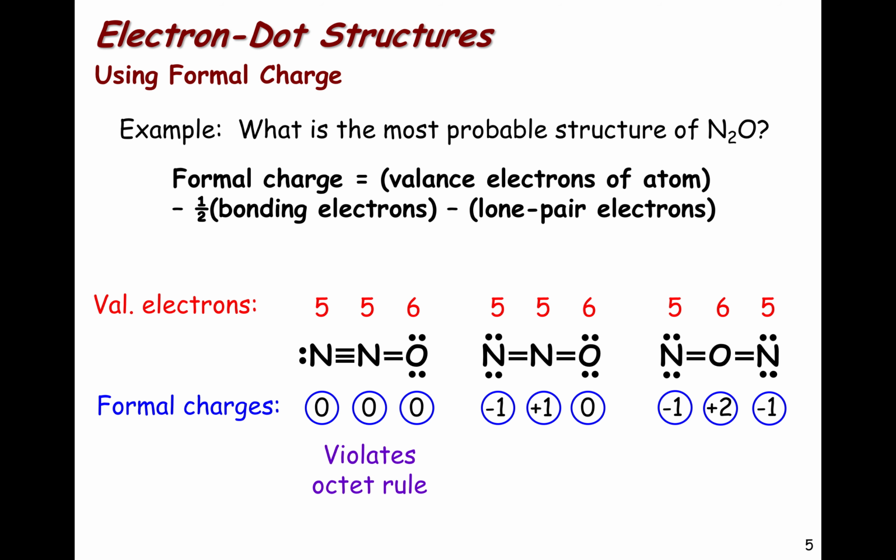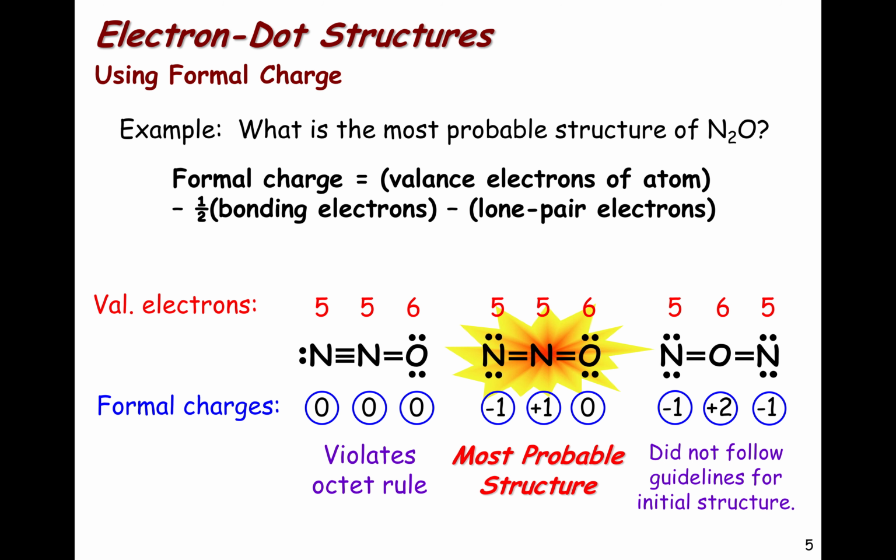So again, the first structure violates the octet. The third structure does not follow the rule about putting the more electronegative atoms as terminal atoms, so we come to the conclusion that the middle structure is the most probable description of the bonding.